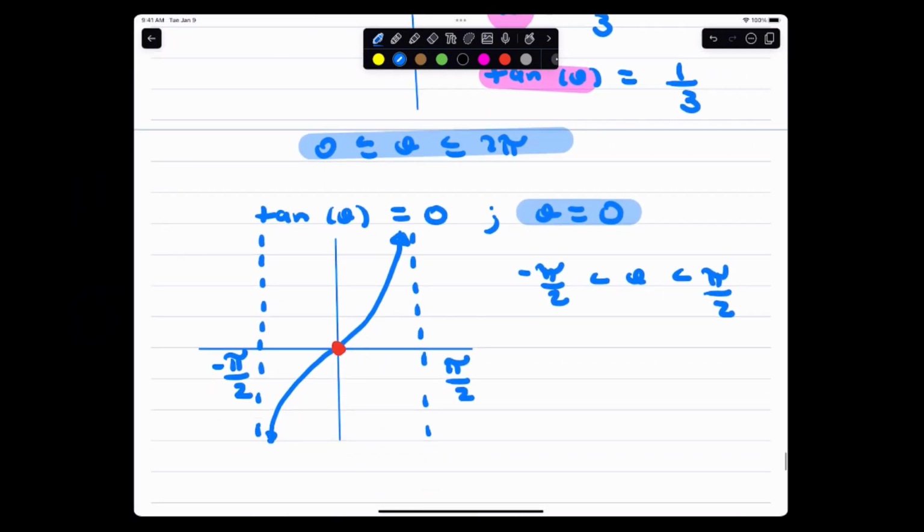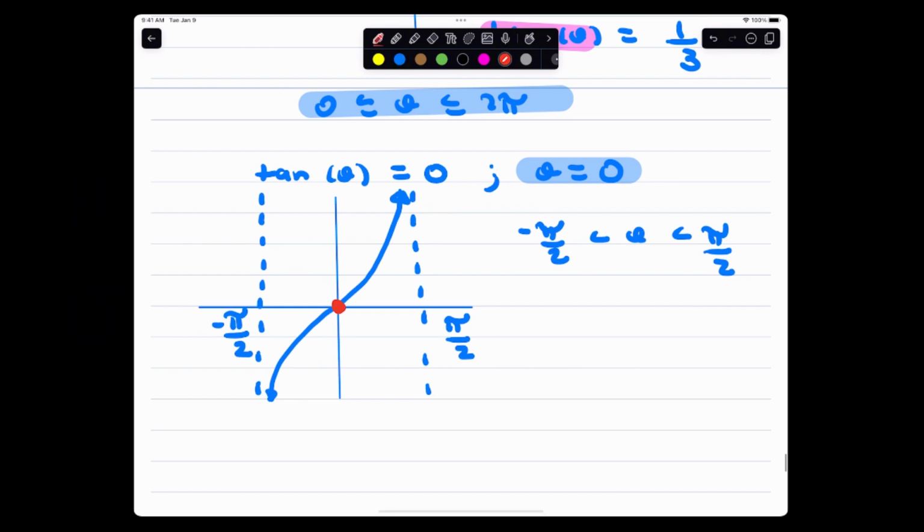Tangent is periodic. What does that mean? This curve will go on forever. This is only one cycle. What's the period of tangent? Anybody know? Isn't it pi? We had a test on that. I guess that's why we have tests.